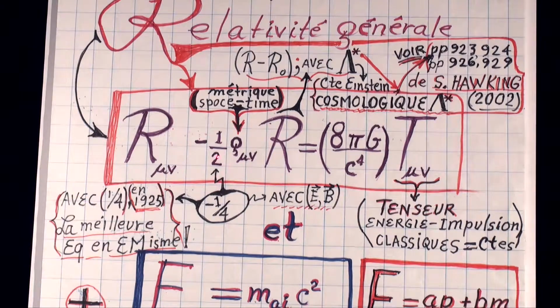And here in this equation, when the number 1/2 is changed to 1/4, then it relates to what has been called the Einstein-Maxwell equation, when electromagnetic energy is present in the universe.